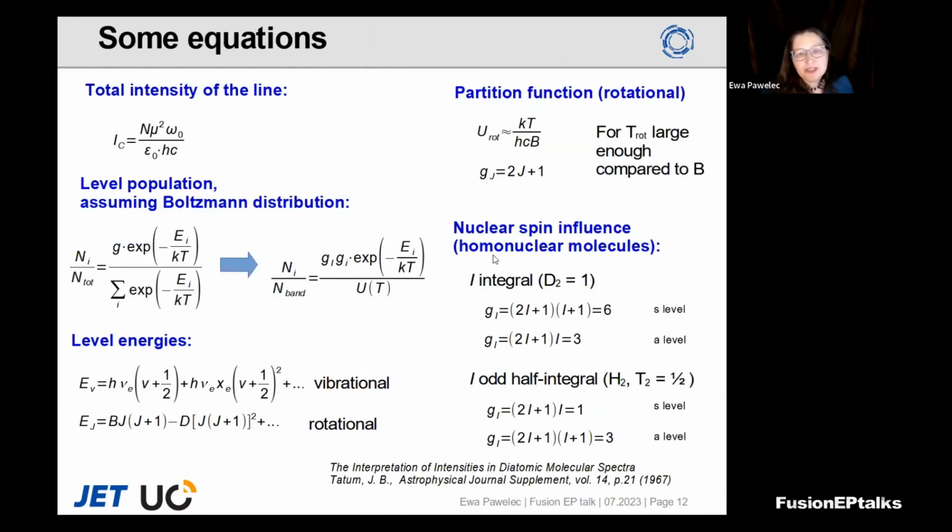Here are some equations for how to calculate all of that, because it's of course incredibly complex, and in principle there are places where you can find such data.